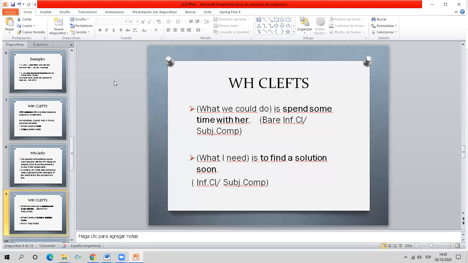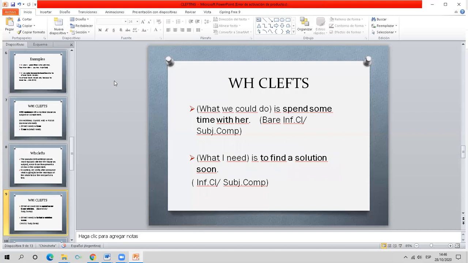Here, you have the possibility also of focusing on the verb itself. That was not possible in the case of the id cleft. In the case of the id cleft, you may have the focus on the object, subject, or adjuncts, but not the verb itself. With the WH, you may say something like, what we could do is spend some time with her.